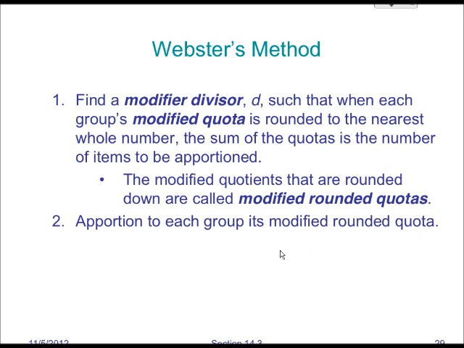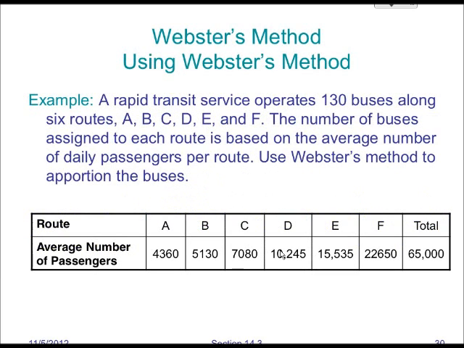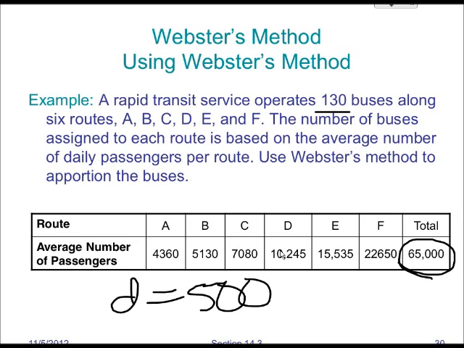Standard rounding for Webster. Again, 130 buses, population of 65,000. Our standard divisor, just like before, is 500. So we're going to guess and check a divisor until we get to 130, but this time we're going to do standard rounding.